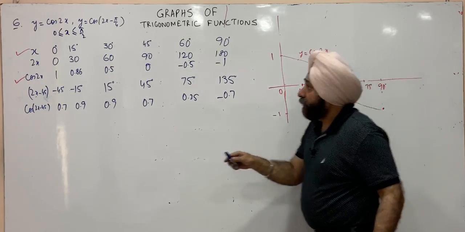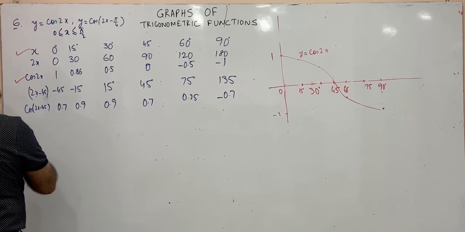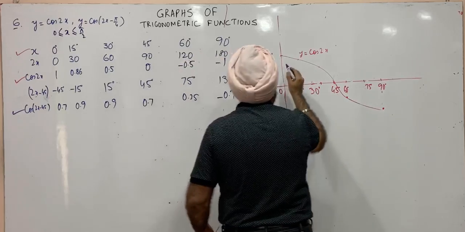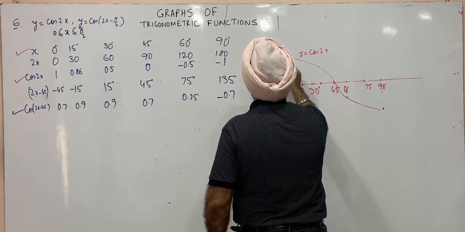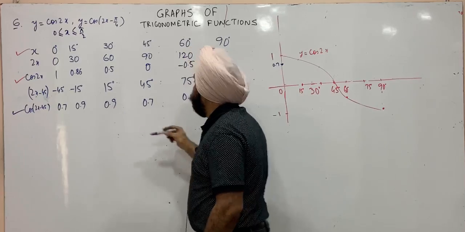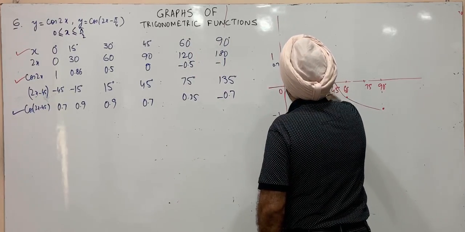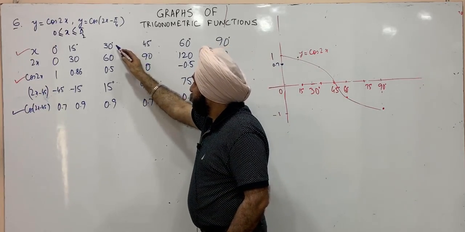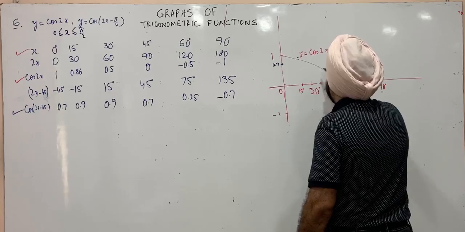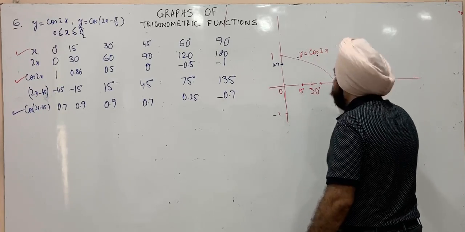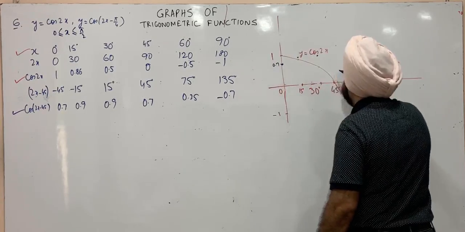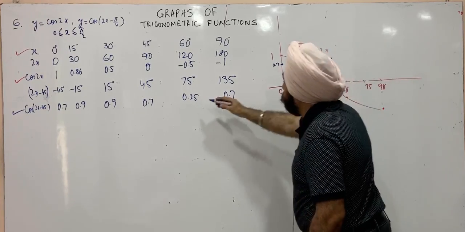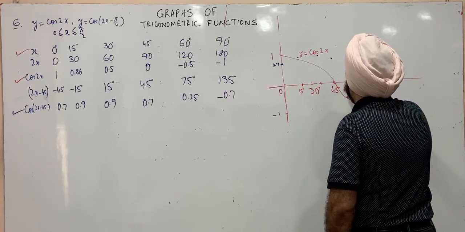Next, we have to plot the graph between x and cos of 2x minus 45. At 0, it's 0.7, this is the point. At 15 degrees, it's 0.9. At 30 degrees it's again 0.9. Then 45 degrees is 0.7. Then 60 degrees, it's 0.25.